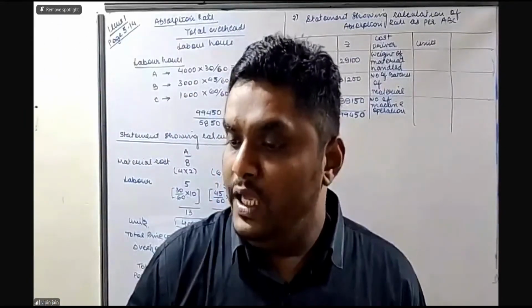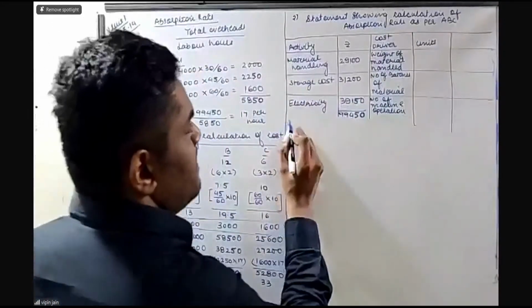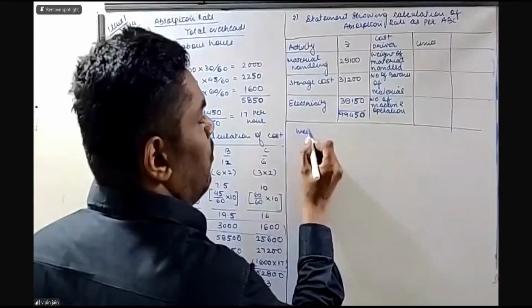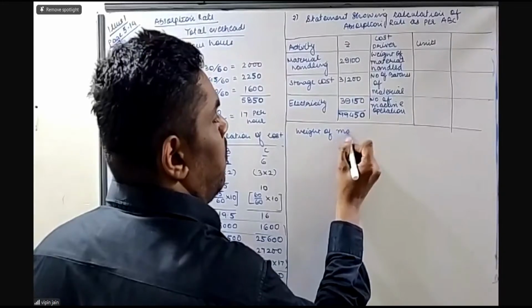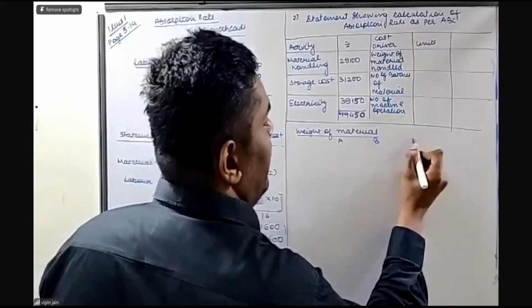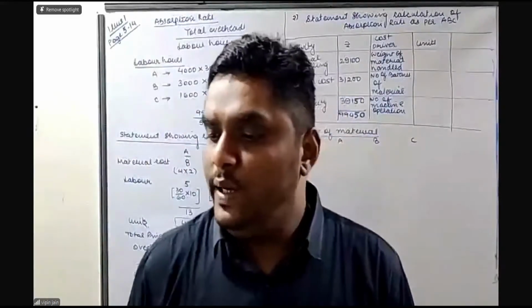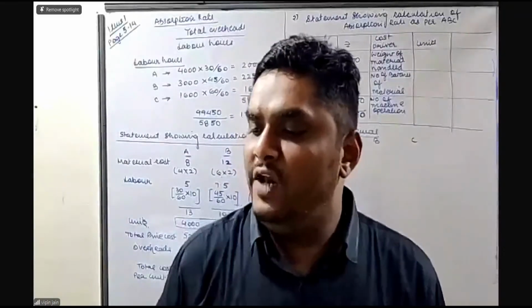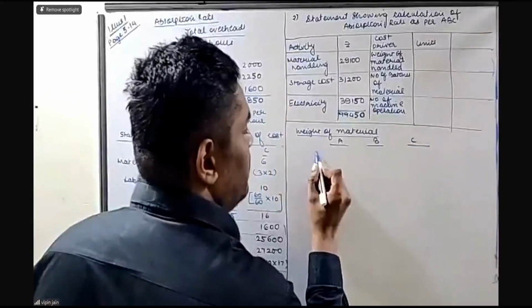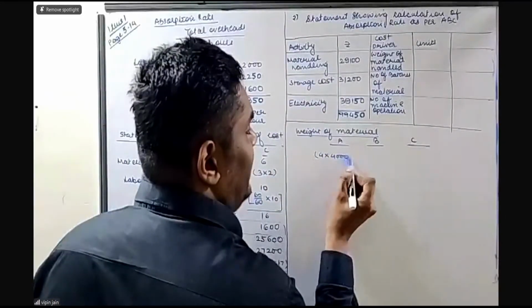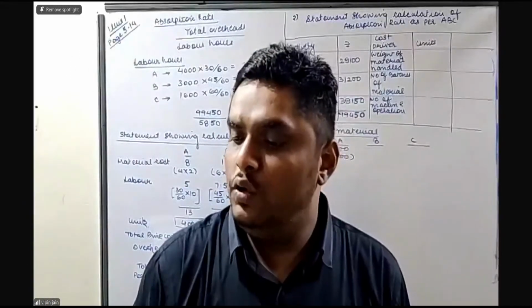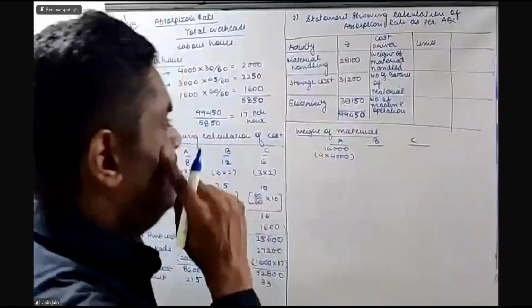So herein, I'm adding a few working notes for A, B, and C. It is given that every unit of A requires 4 kgs and a total of 4,000 units are manufactured. So 16,000 kgs for A.